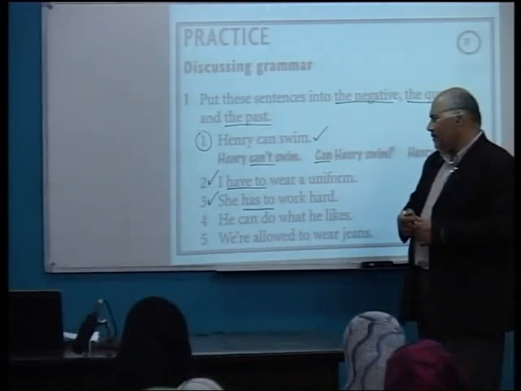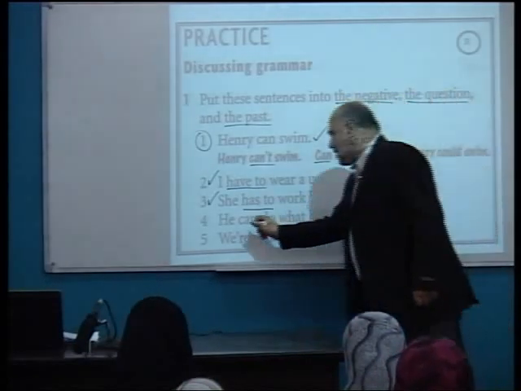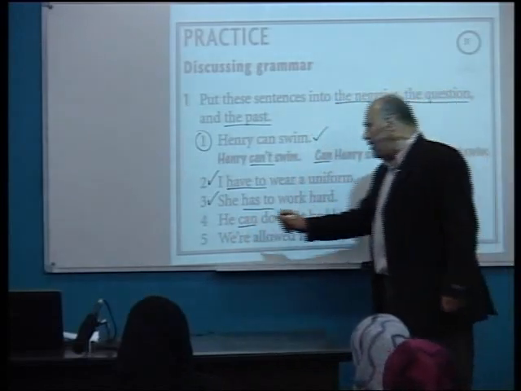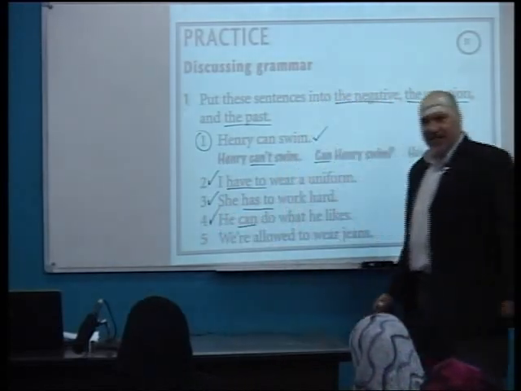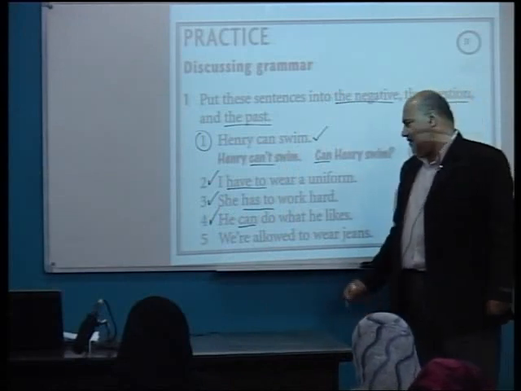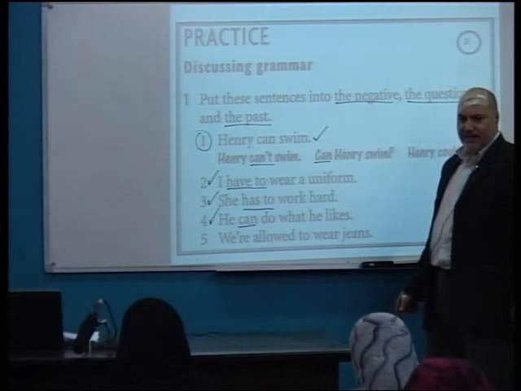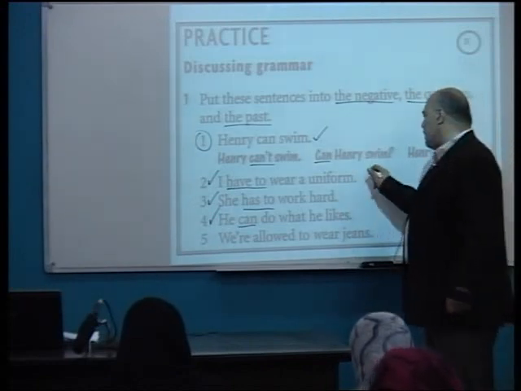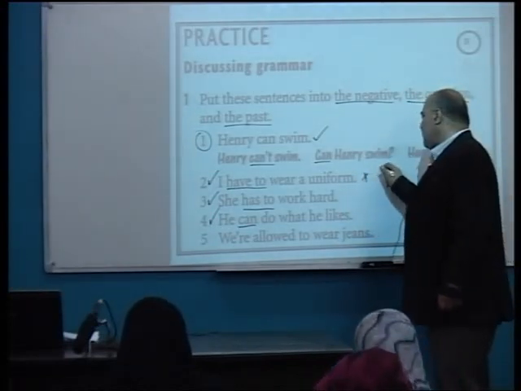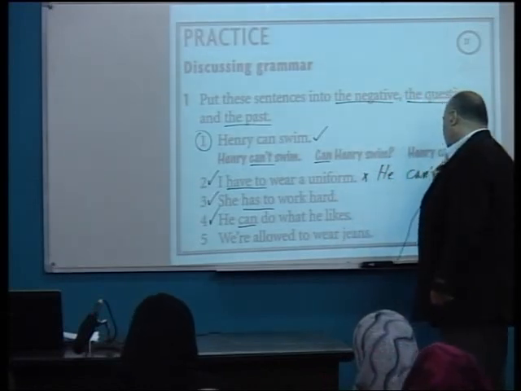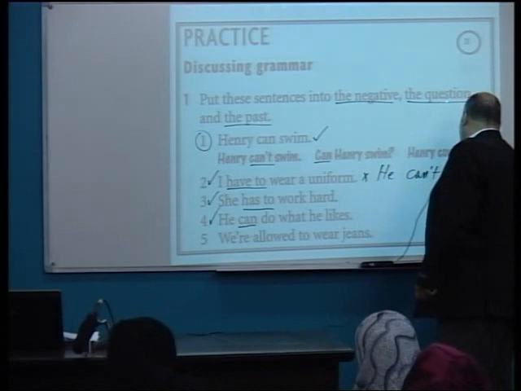The fourth one. He can. Can. It is permission. He can. It is positive. It is affirmative. He can do what he likes. The negative. He can't do what he likes.